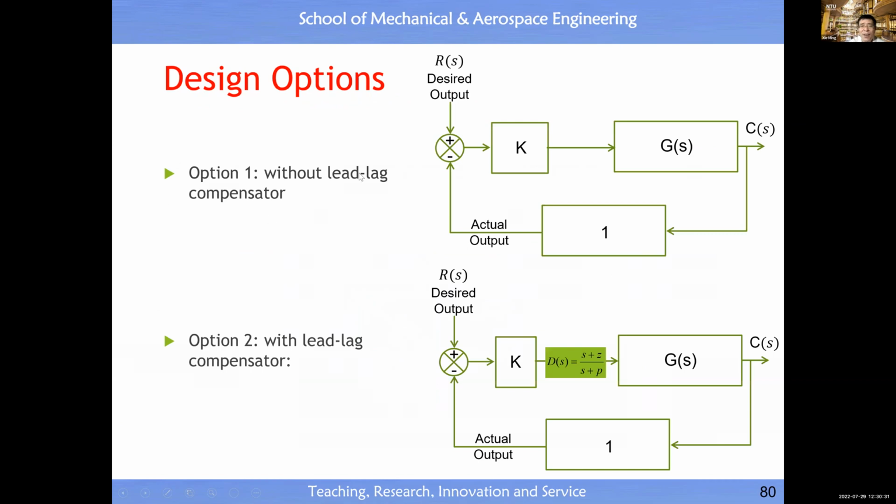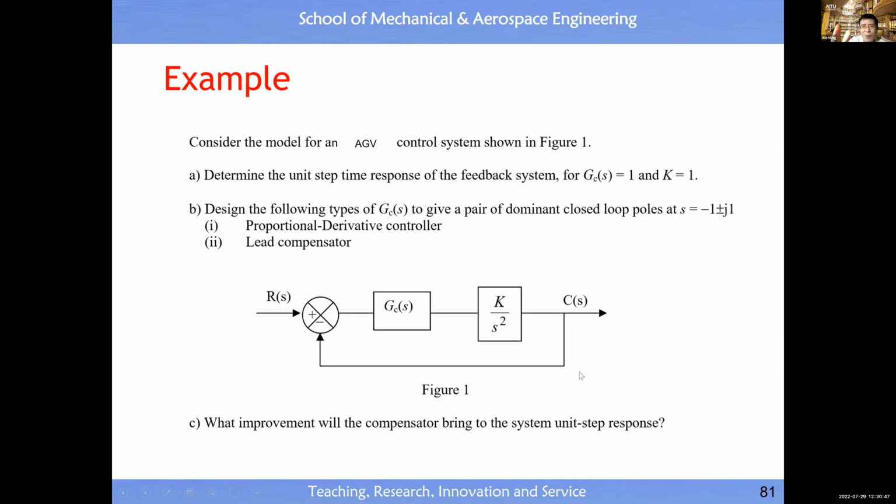Then you have two situations. One is you are lucky, then you just find the value of the existing parameter K. And the second situation, you are not lucky, then you need to insert a compensator. This is a lead compensator.